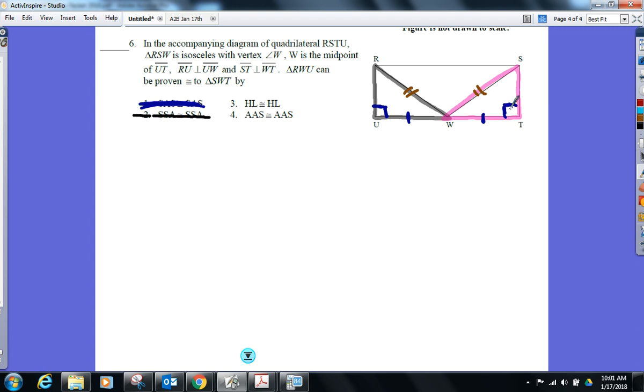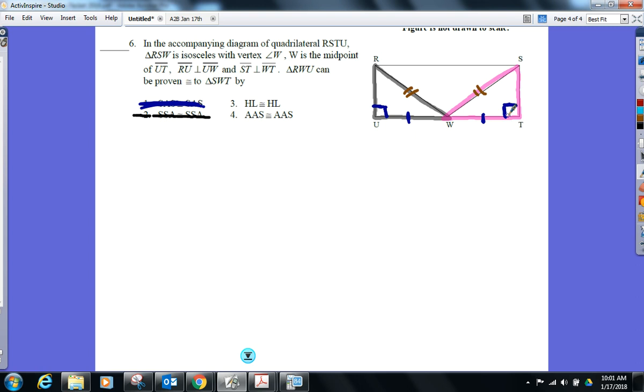Now, if you remember, what's the side called across from the right angle? Hypotenuse, and the other 2 sides are called the legs. So this is why this would be HL. If I asked you to do it in a proof on Monday, you have to remember, tell me they're right angles, and you have to tell me what about the triangles if you want to use HL. They're right triangles.